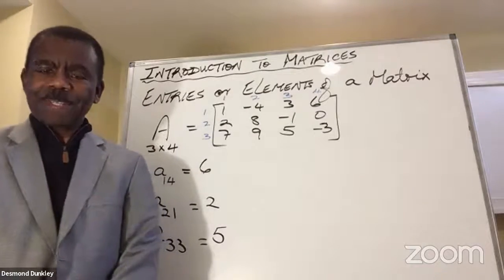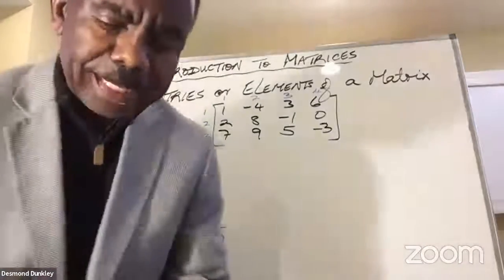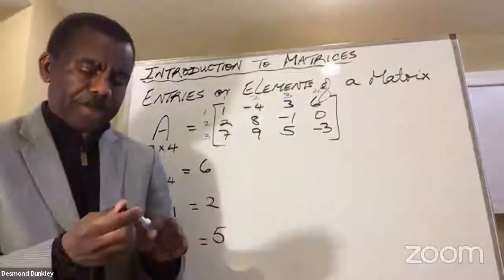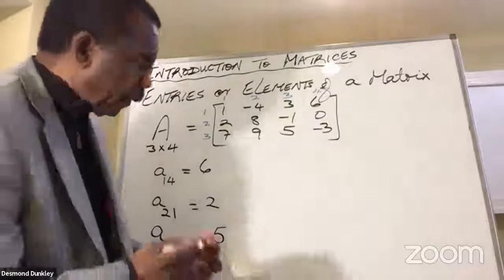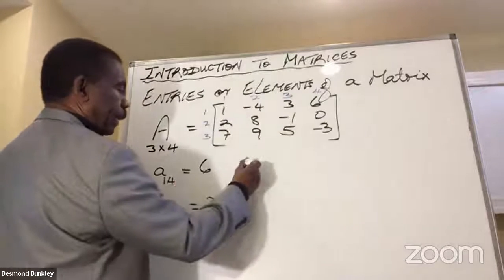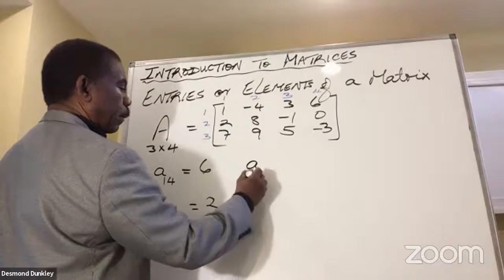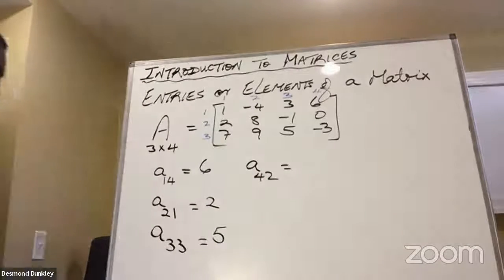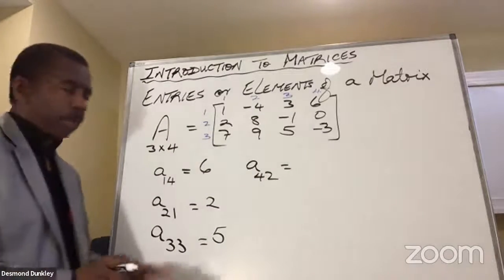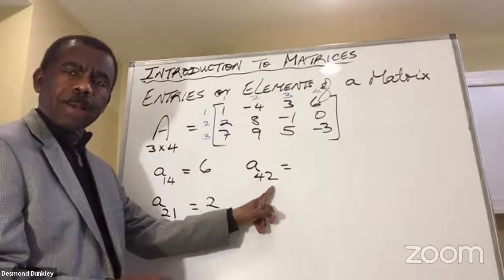So far, so good? Okay, so let's have a little fun. I could ask you, for example, what is the a42 entry? And you say, oh, fourth row, second column.